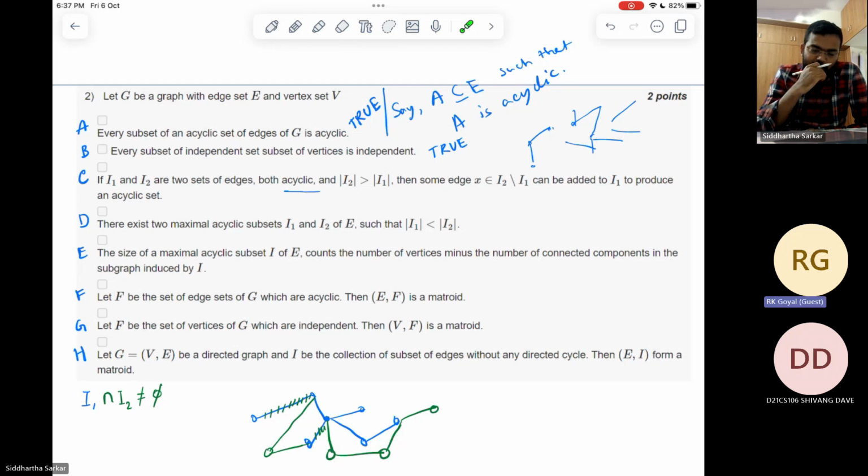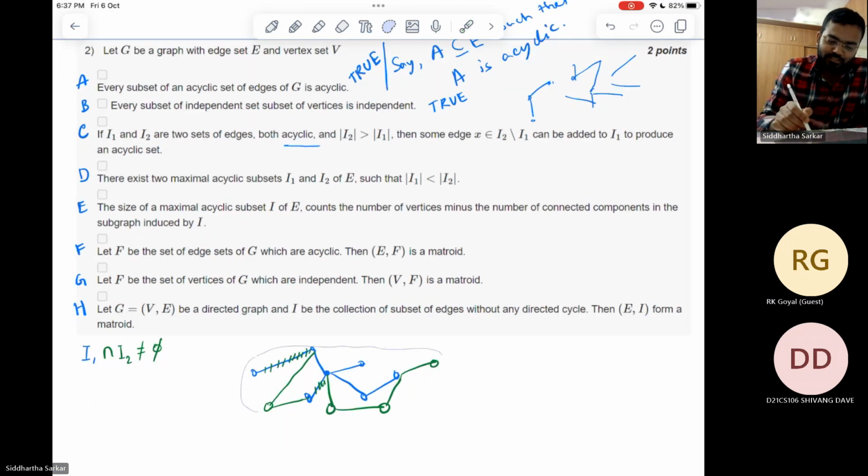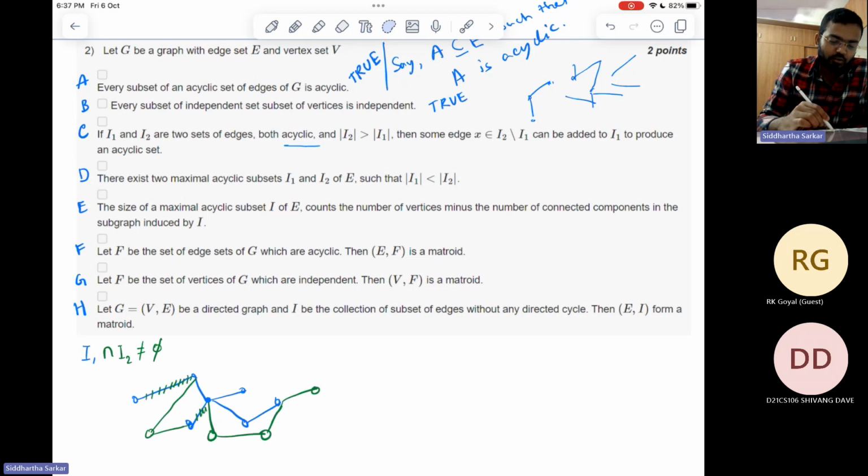The proof so far is not that convincing. We have not proved anything; we are just asking, and we will prove it now. This was just an illustration I have drawn.